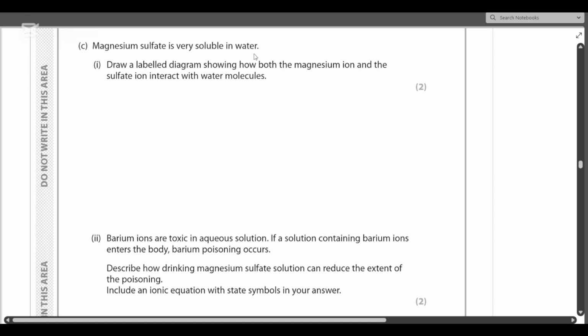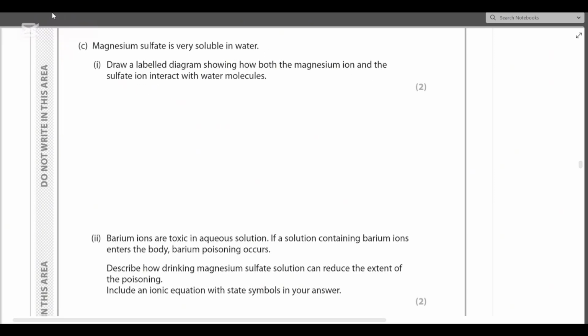Magnesium sulfate is very soluble in water. You draw a labelled diagram showing how the magnesium ion and the sulfate ion interact with water molecules. We know that in magnesium sulfate, the cation is Mg2+, while the anion is SO4 2-. What's going to happen is pretty simple.